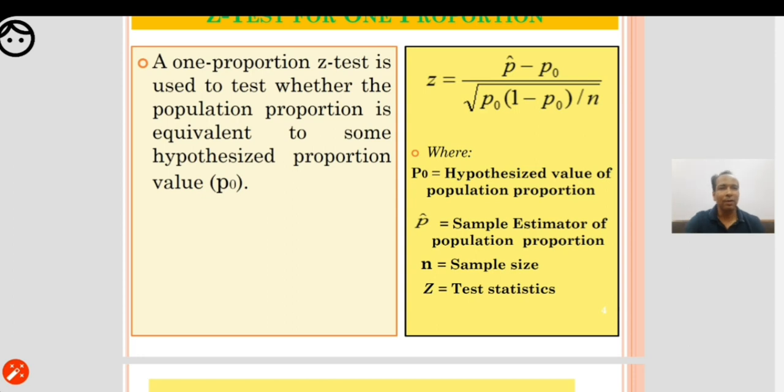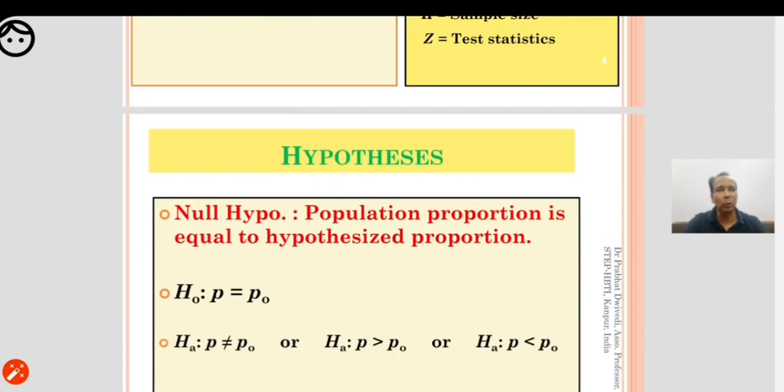So now let's see how the null hypothesis and alternative hypothesis can be stated in this case. The null hypothesis, as I told you, is that the population proportion is equal to the hypothesized proportion. That means there is no difference between the population proportion and the hypothesized value of proportion.